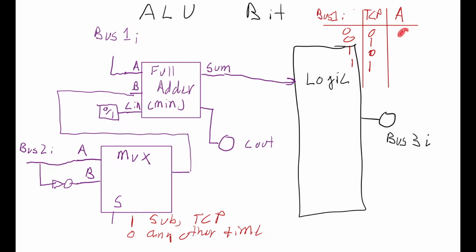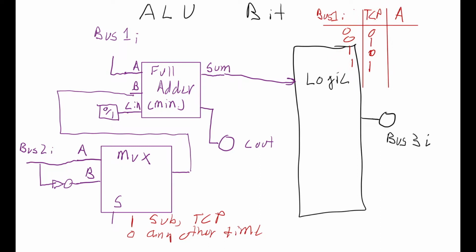If 2's complement is off, we want whatever bus 1 is. So if bus 1 is 0, we want this one to be a 0, and if bus 1 is 1, we want this one to be a 1. However, when you're taking the 2's complement, we don't want to add bus 1 in at all, so we always want 0 to be our output.